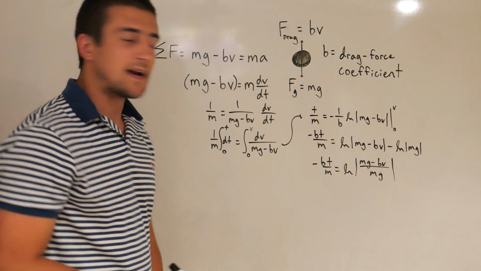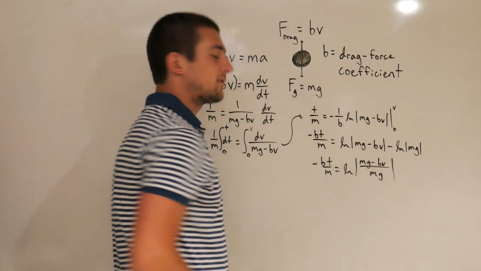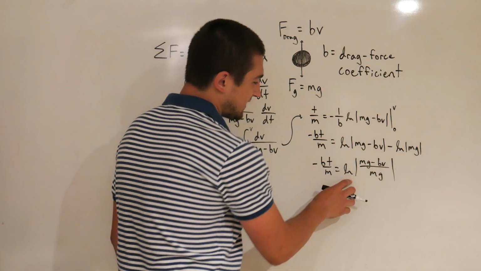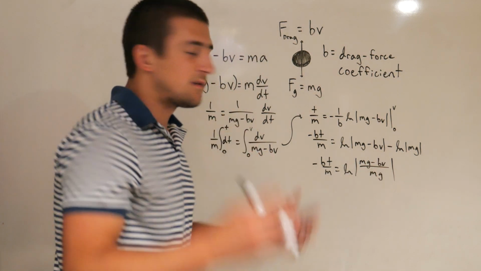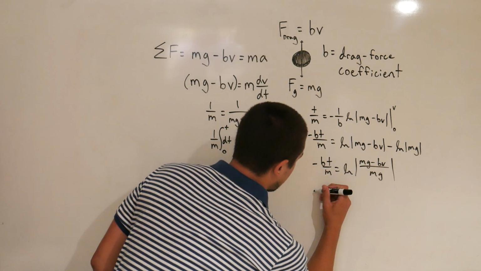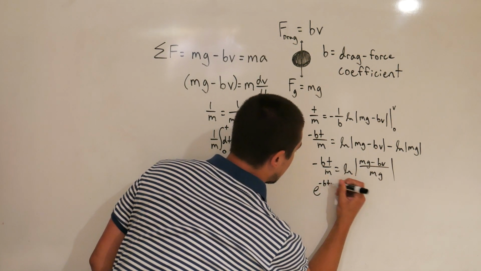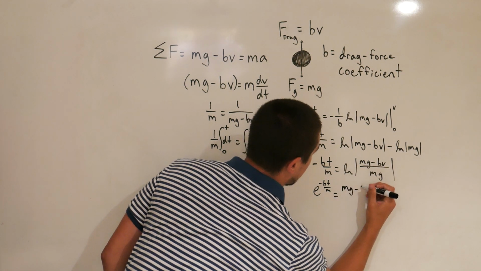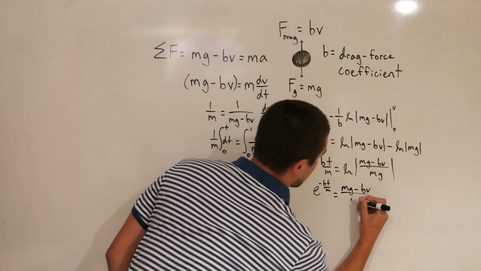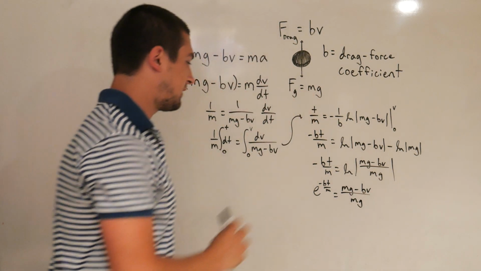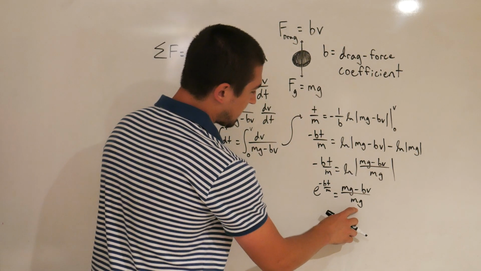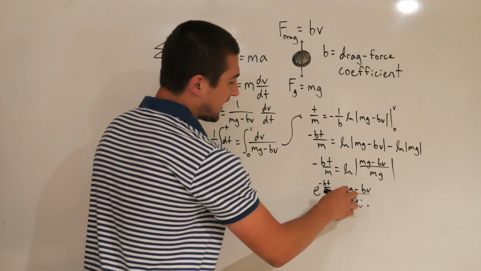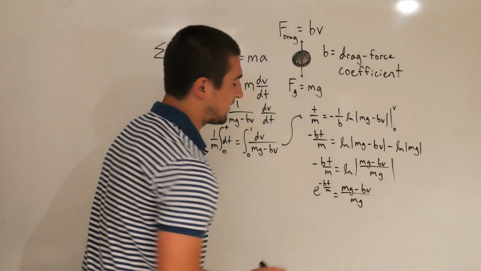Okay. And now we can exponentiate both sides because we want to solve for v. Remember, that's over here inside the natural log. We want to raise everything to the e. So we have e to the minus bt over m is equal to (mg minus bv) over mg. Now I'm going to multiply both sides by mg, and we'll have mg minus bv.